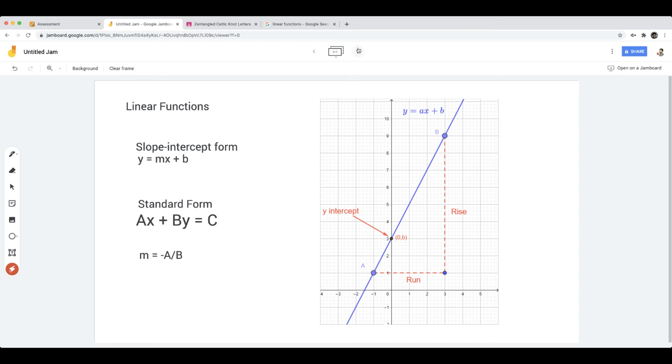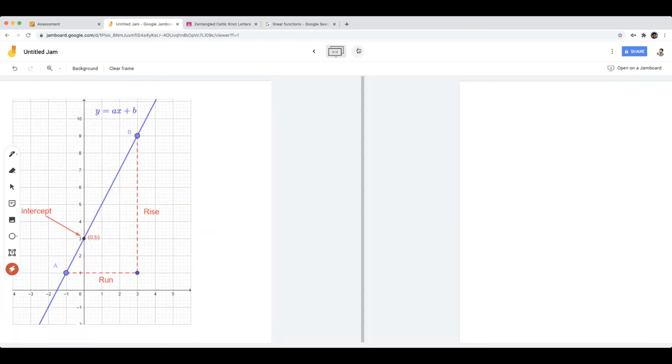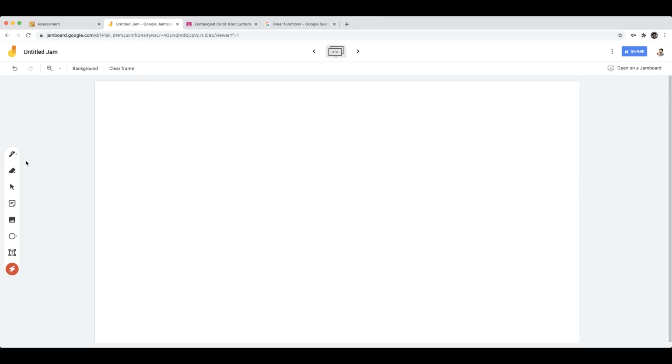So let's look at some quick examples. And so real quick, horizontal lines. So equations for horizontal lines are y equals some number, I'll say a, but some examples could be just y equals 3, right?